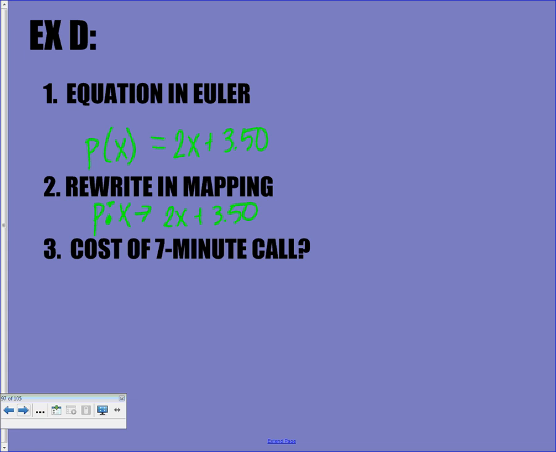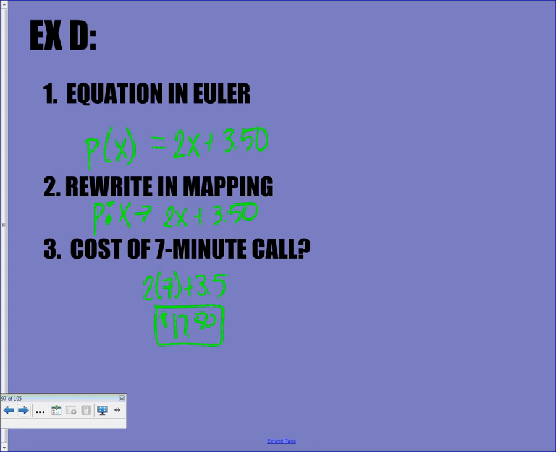Okay, so anytime you're rewriting things, all you're doing is changing the left side. The right side stays the same no matter what. And find the cost of a 7-minute call. Okay, so 7 minutes, plug it in for x. So 2 times 7 plus 3.5 means that's going to cost me $17.50.